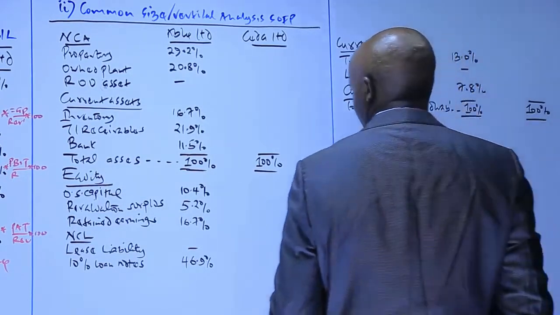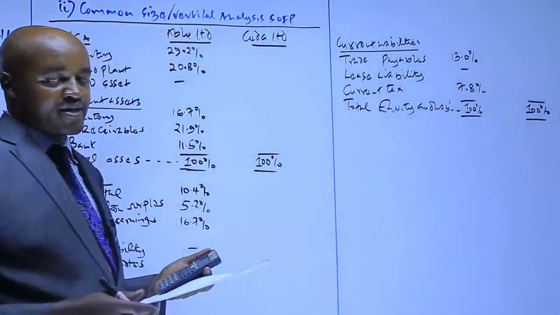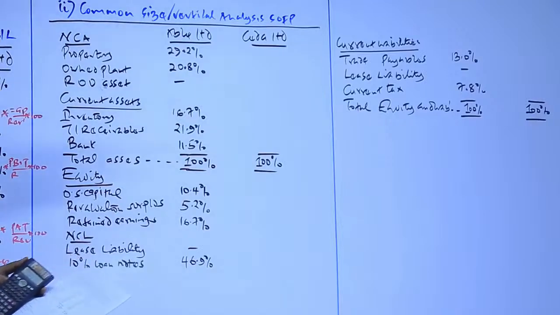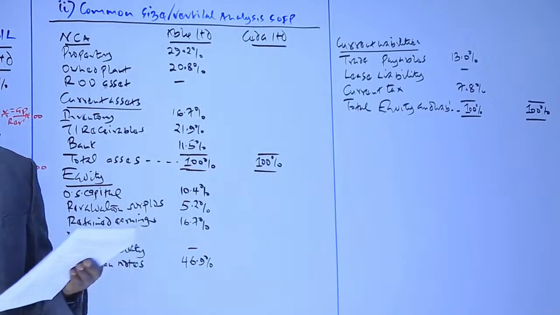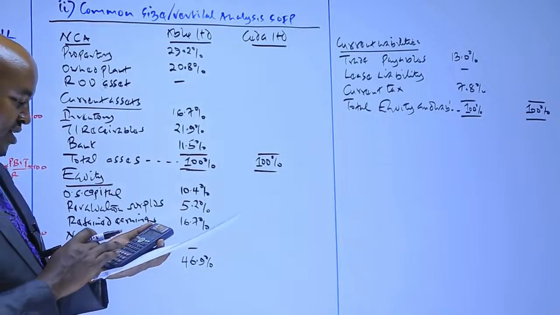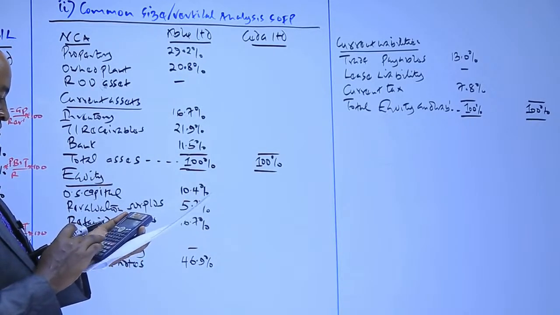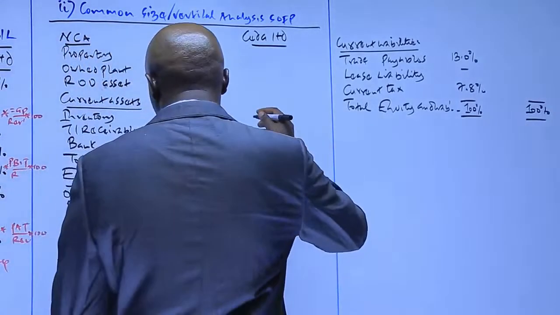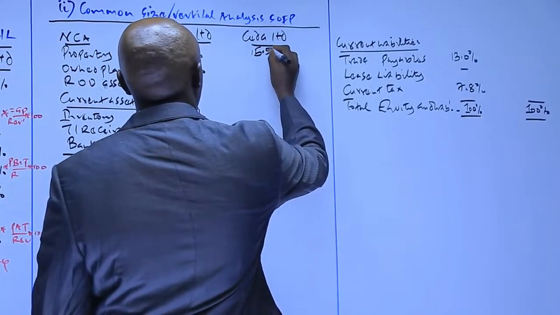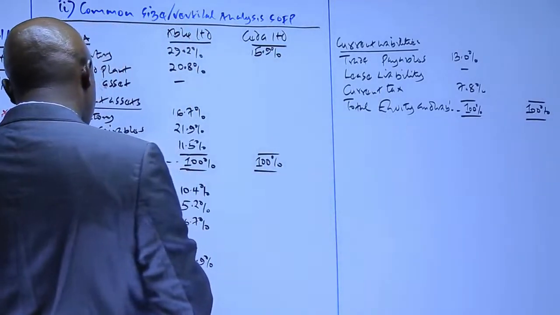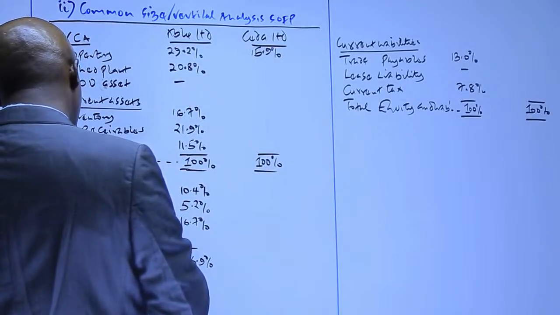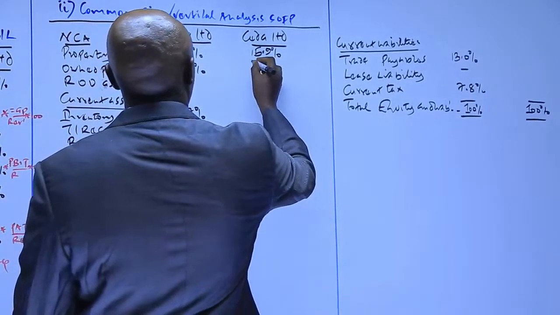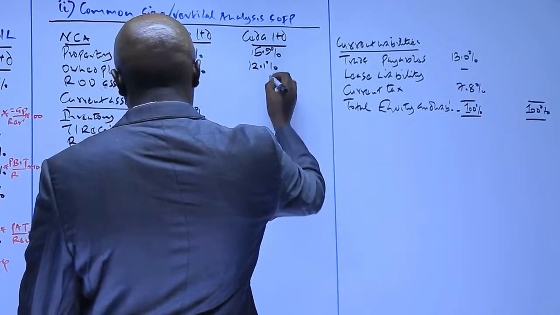So basically what we have done here is express all items as a percentage of total asset. We need to repeat the same process for the other company, which is Cedar. We compute everything as a percentage of total asset. Let's start with the property, which is 10,500 divided by the total asset 66,500. This will give us 15.9%. The owned plant, 8,050 divided by 66,500, is 12.1%.